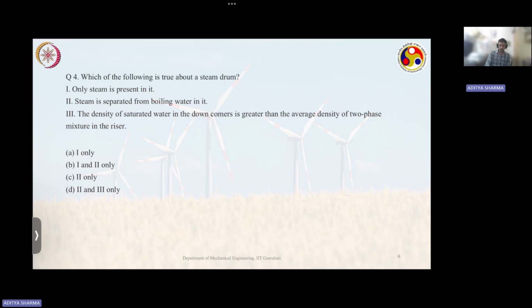And then in your steam drum, you have a downcomer section and a riser section. Downcomer section is that in which your water moves downward in a space where your water is heated to get vapors, and these vapors through riser again enter into your steam drum.